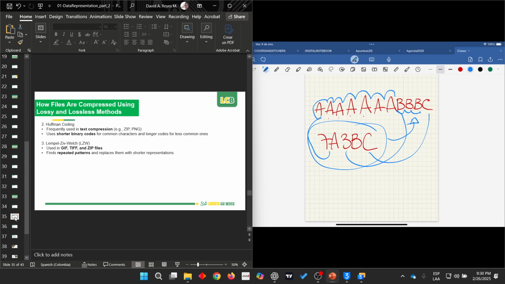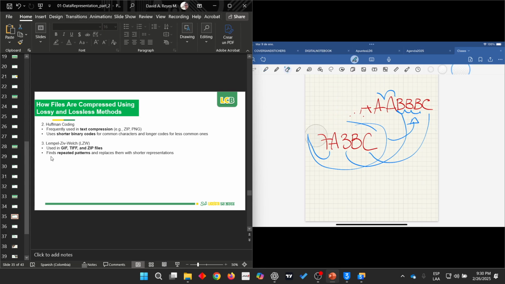In this part, I know that you are not going to be asked about this. And the other method is called Lempel-Ziv-Welch, that is used in images like GIF, TIFF, and zip files. The previous one is used in zip files and in PNG images. The same idea is just to find repeated patterns and replace them with a shorter representation.